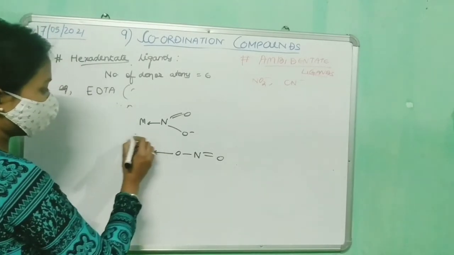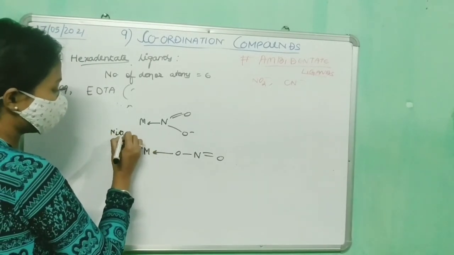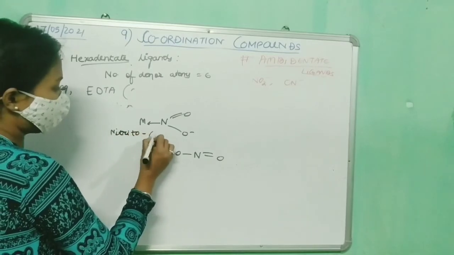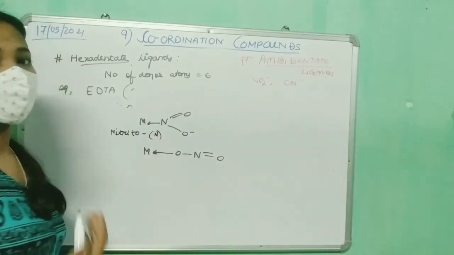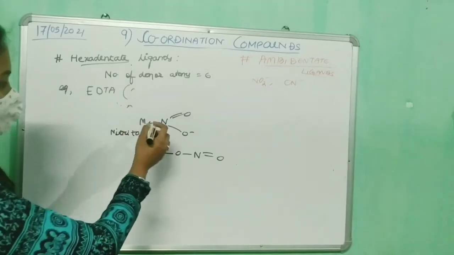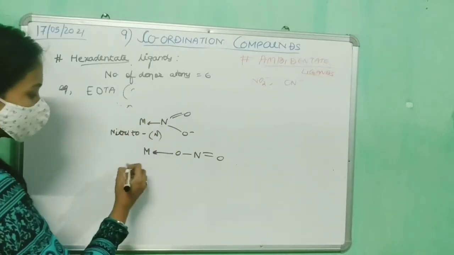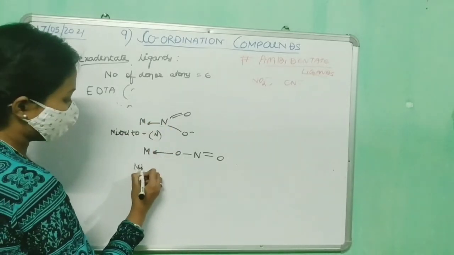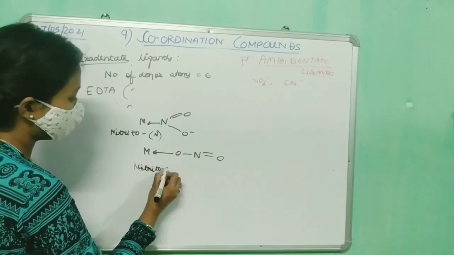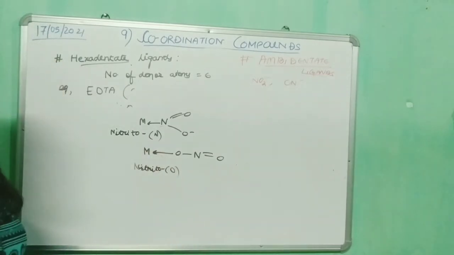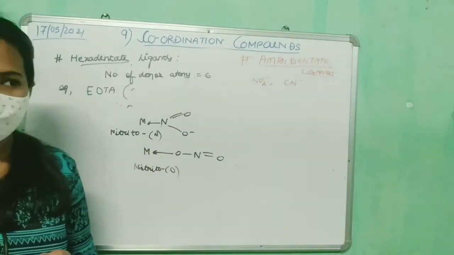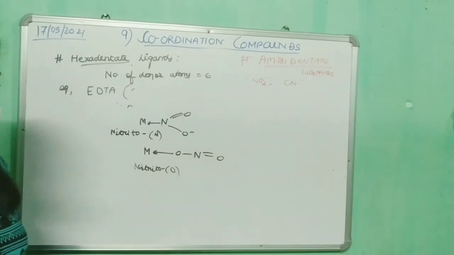So we can write it like nitrito-N. Then we'll understand that N is the coordinating atom that is coordinating to the central metal ion. Similarly, nitrito-O means oxygen is the coordinating atom or the donor atom, right?